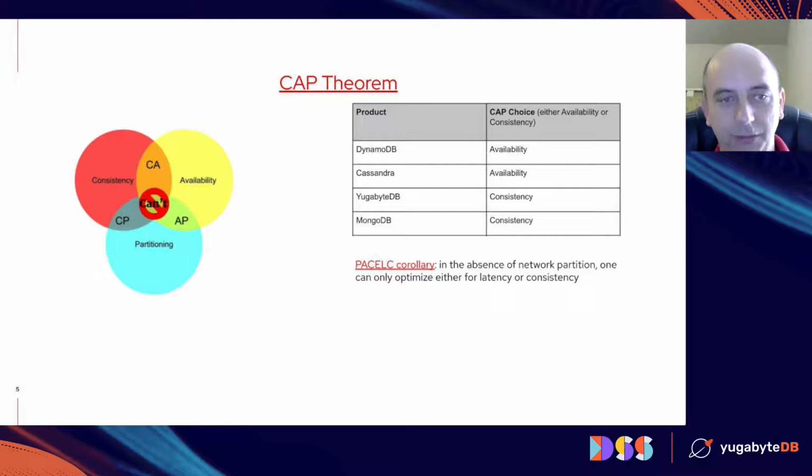So really the choice is between consistency and availability. And here on the right, I have a table showing some products that we have analyzed, and the choice that they make, right? If they choose availability, they are eventually consistent and can be used to build eventually consistent architectures. If they choose consistency, they are strongly consistent.